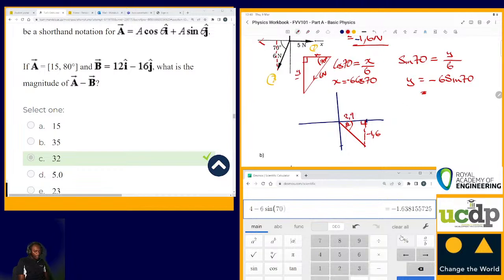And we now know that tan theta is equal to opposite over adjacent, which is 1.6 over 2.9.